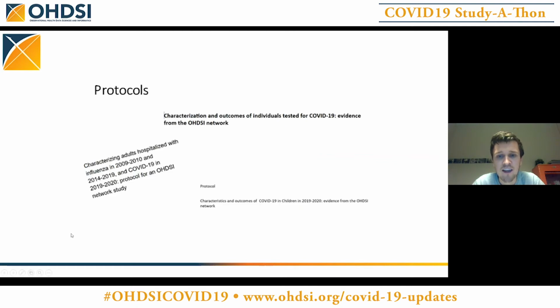So after a couple of days, we've got three protocols pretty much finalized. They're all working versions, but the key components are finalized, and that's allowed us to continue on with our journey and start actually implementing the analysis to answer the questions that we've specified.